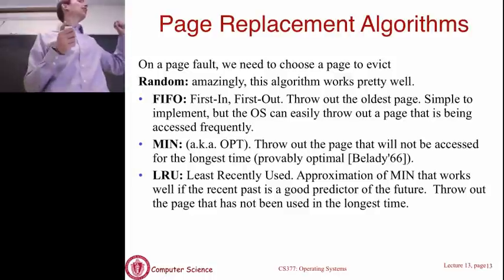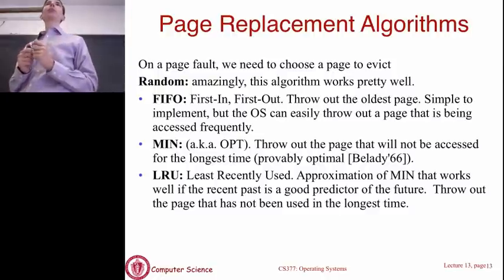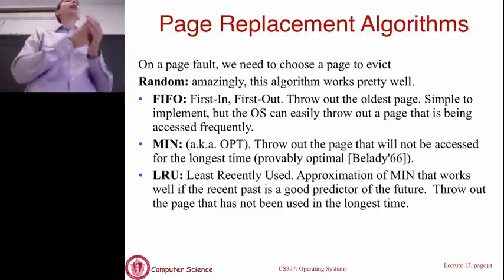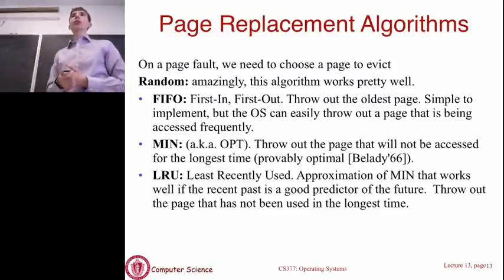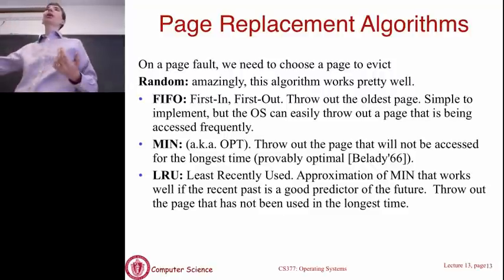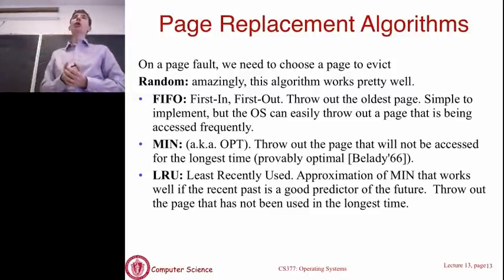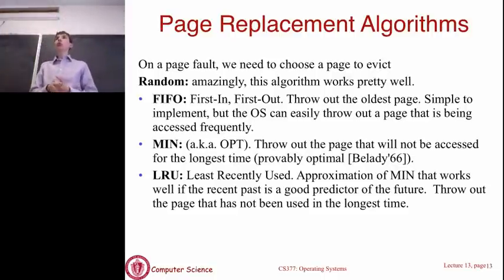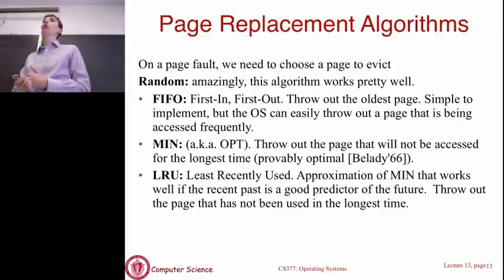Now, why is how we actually do page replacement important? Anyone have any idea? Yeah. Right, exactly. The point is that if you evict a page that you're just about to use again, you've essentially forced yourself to have a page fault in the short term. So if you have a bad page replacement algorithm that evicts useful pages, then in the future you're going to need to go back to the disk and get them back, and that's going to be more page faults.